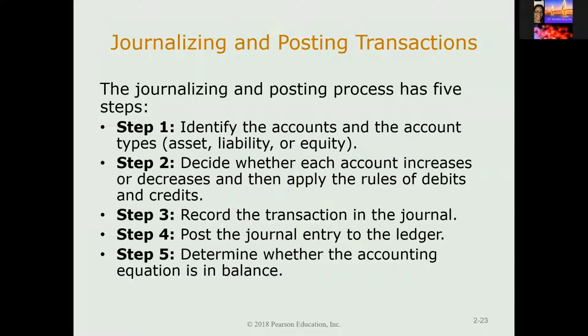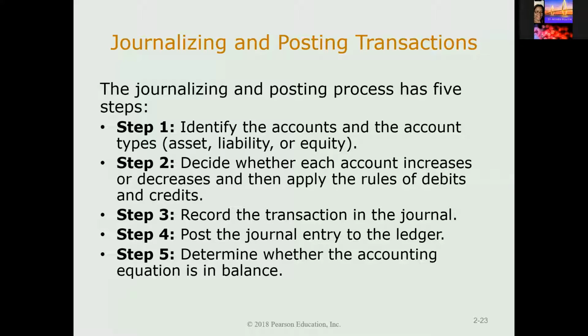Step 2, decide whether each account increases or decreases, and then apply those rules of debits and credits. Step 3, you record the transaction in the journal. Step 4, you post the journal entry to the ledger. And step 5, you determine whether the accounting equation is in balance.